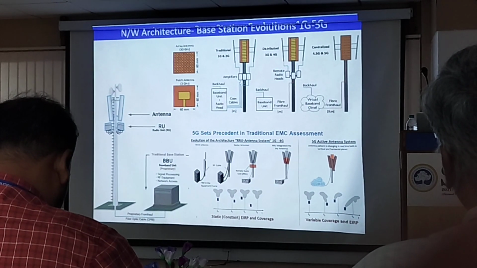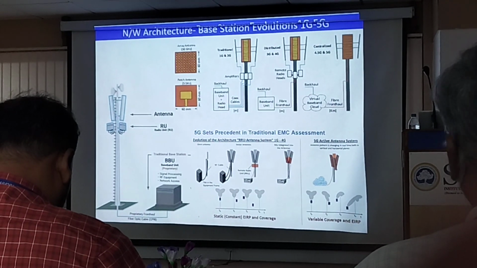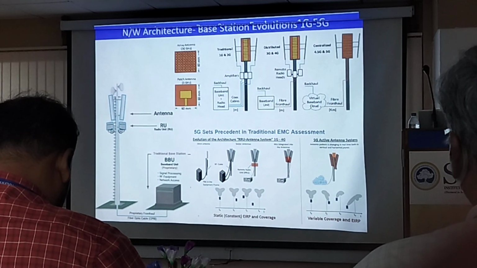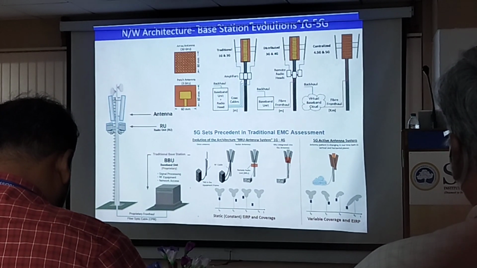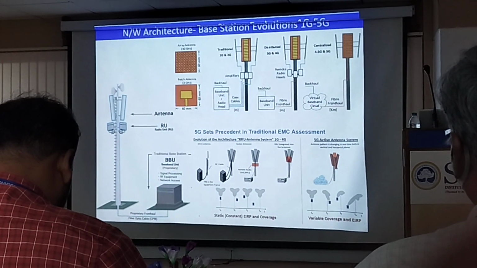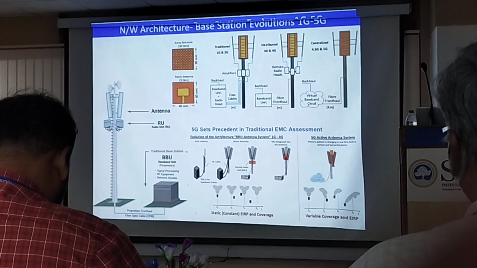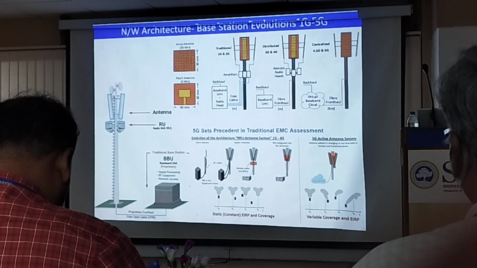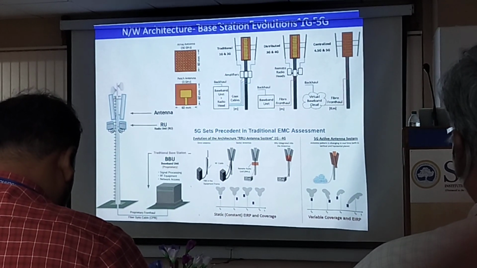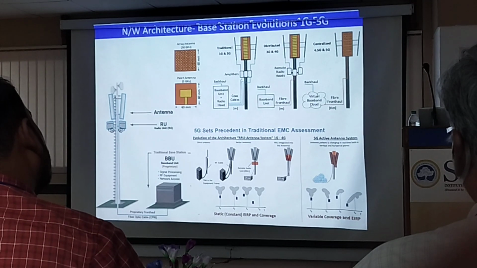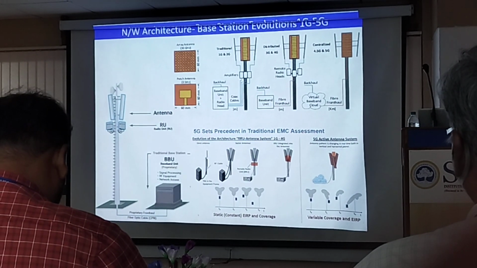But when you make it compact, thermal issues come up, because when you make the RFICs, chips, and power amplifiers, huge power is generated in terms of heat. The company AT&T launched a 5G base station in the US, and their base station got burned because they didn't take care of the thermal issues.